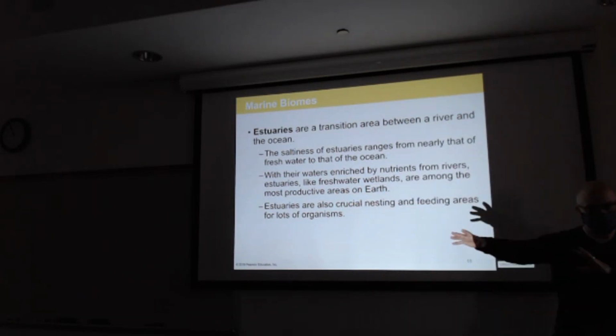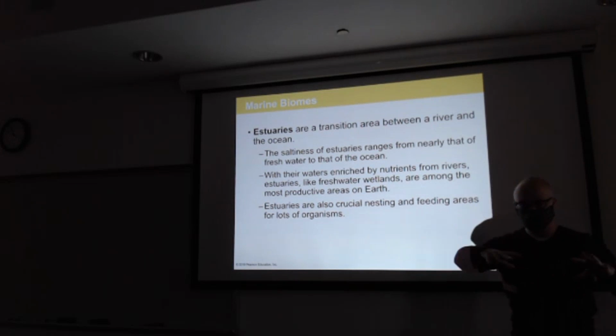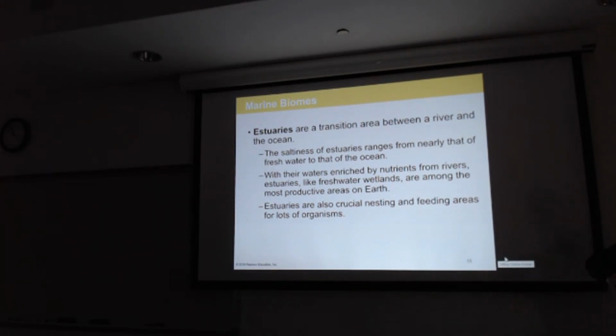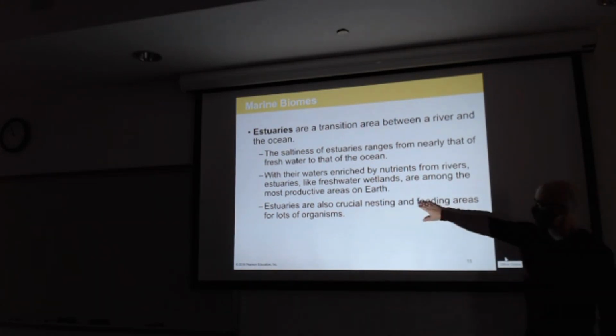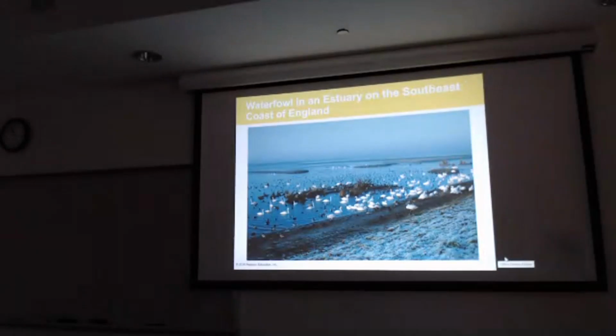And that is very different than the freshwater, and it's different from the saltwater. It's this area where the two mix. Very productive places for things like waterfowl, turtles, crabs, lots and lots of nutrients there, therefore lots and lots of organisms.